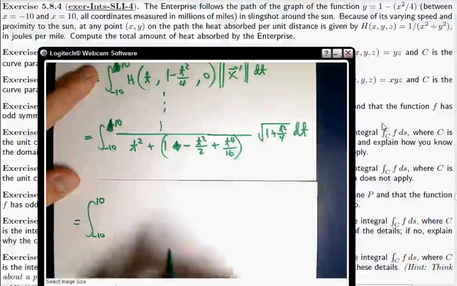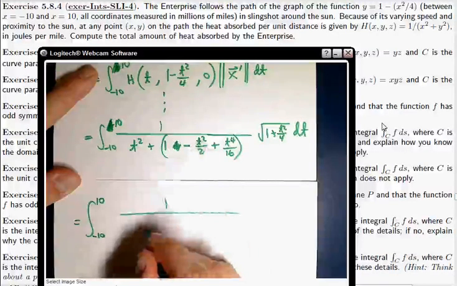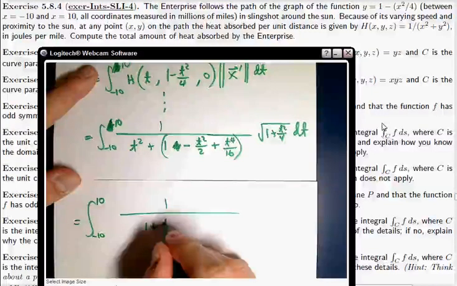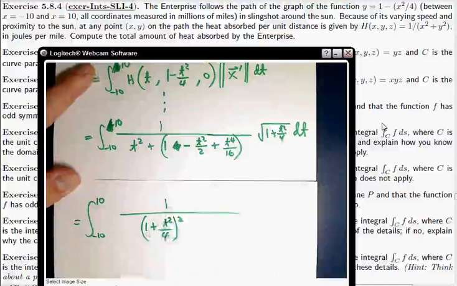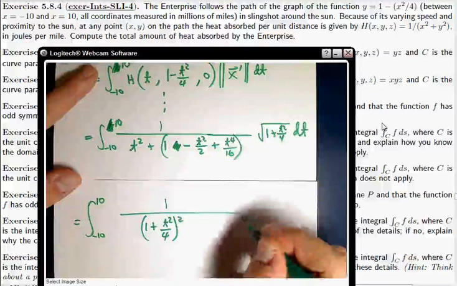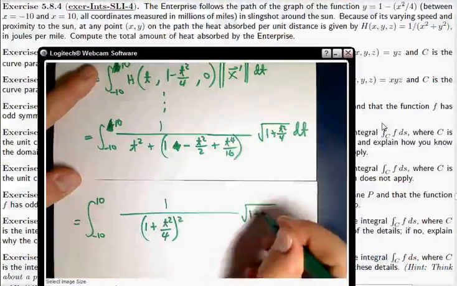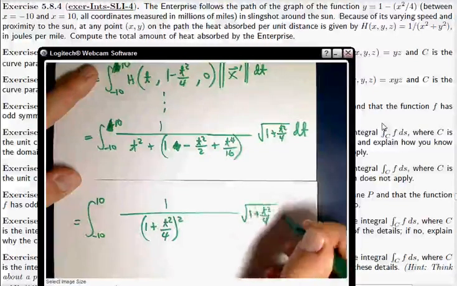Okay, all right. So this denominator altogether is 1 plus t squared over 4 quantity squared. And then over here we still have square root of 1 plus t squared over 4 dt.